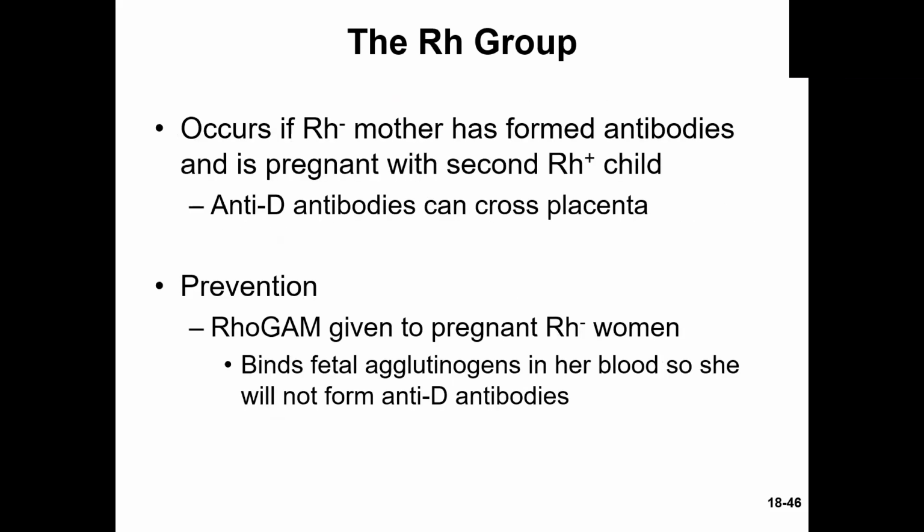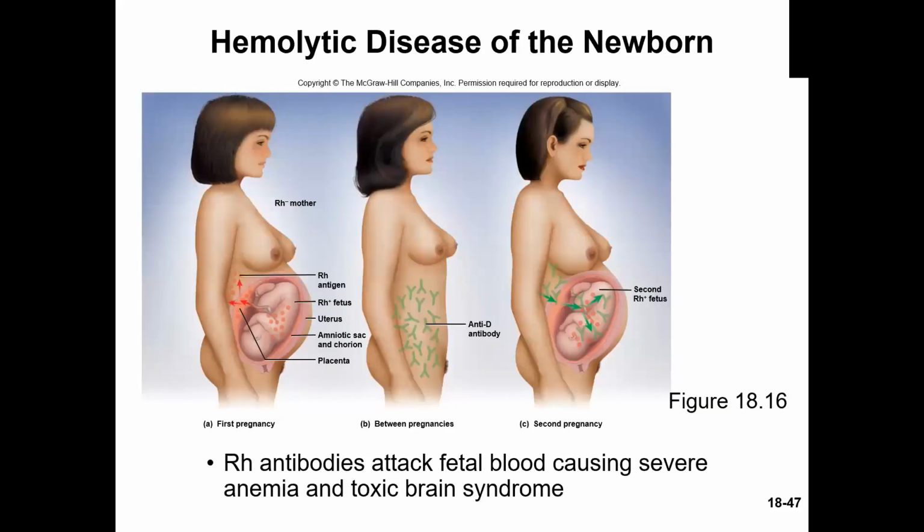This will require the Rovium shot. It will bind the agglutinogens or the fetal antigens in her blood, so she will not form antibodies against the blood of the fetus. If it occurs, the child can have anemia or a toxic brain syndrome.